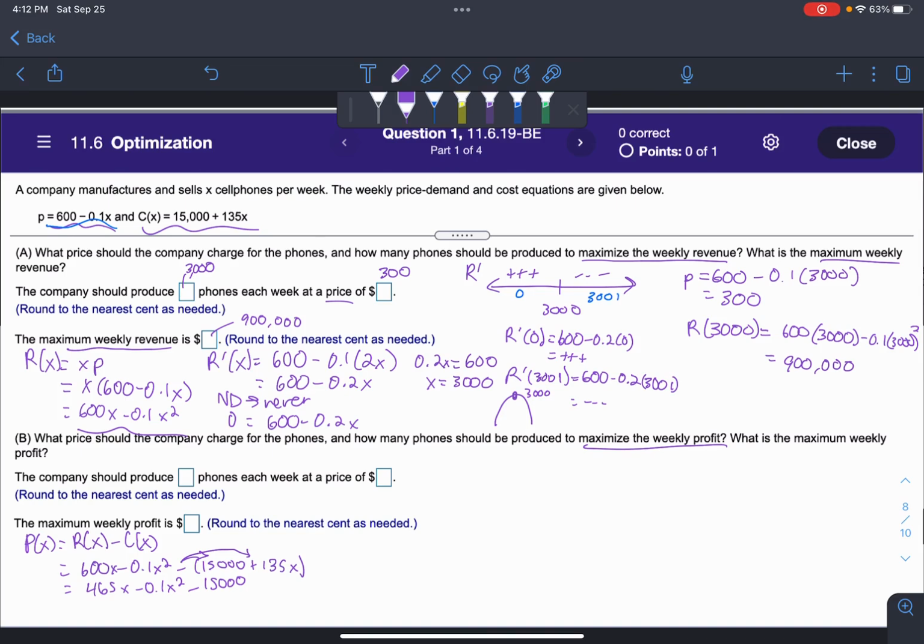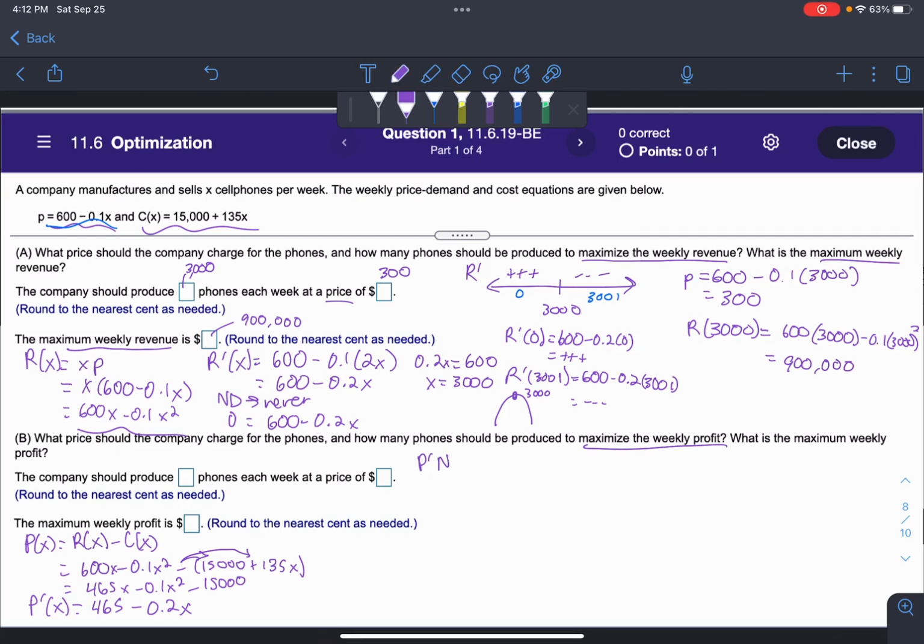Okay, yeah, 15,000. And so now we want the derivative of P. That's simply 465 minus 0.2x from our derivative rules. So now we want to know where P prime is equal to 0 or not defined. Let's do that one first.